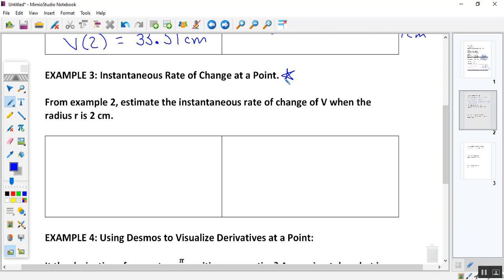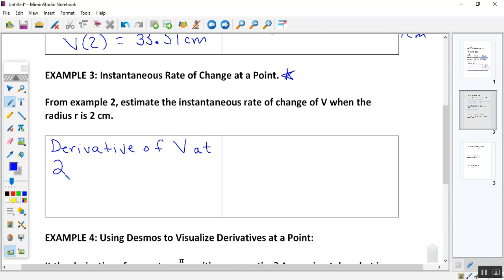We're looking for the derivative, how quickly something is changing. We're looking for the derivative of V at what radius specifically, kids? At 2 centimeters. Okay, how quickly is that volume changing when the radius of my balloon is 2 centimeters?